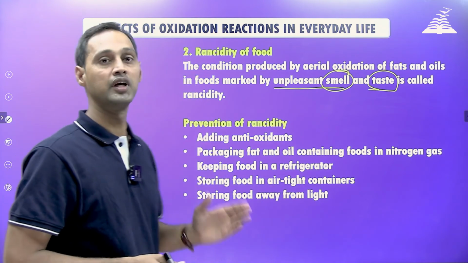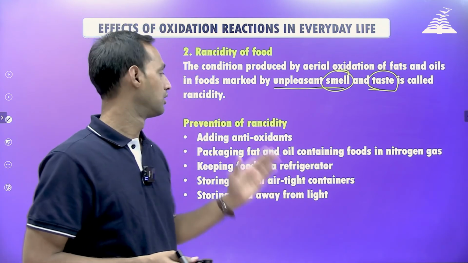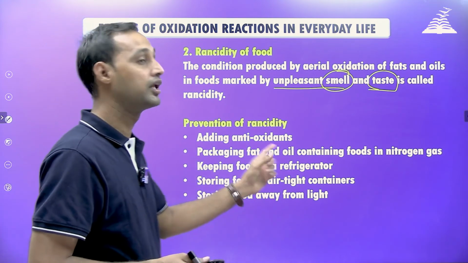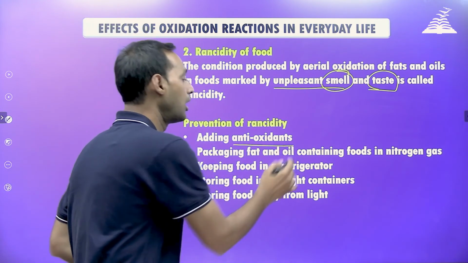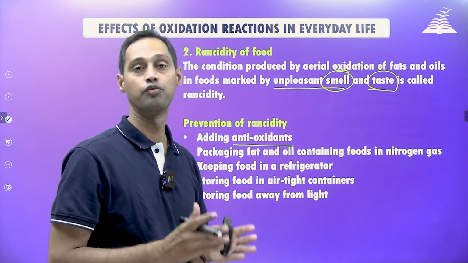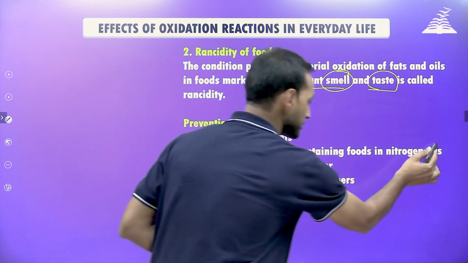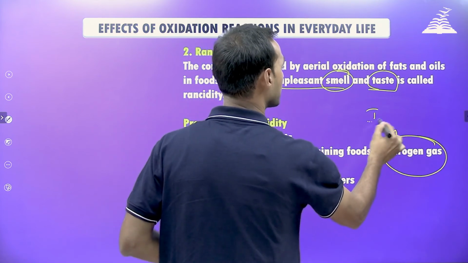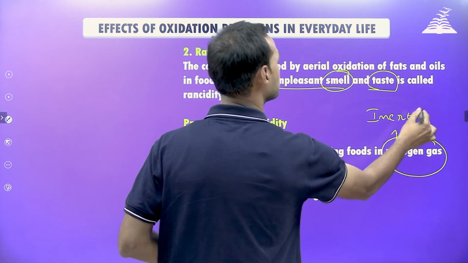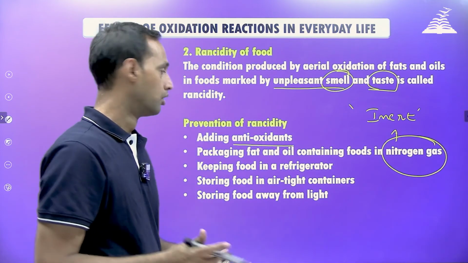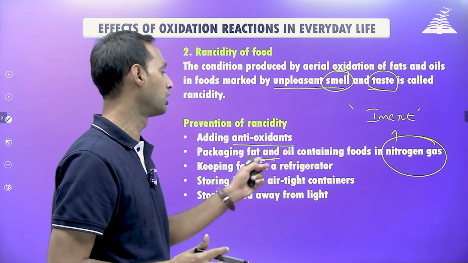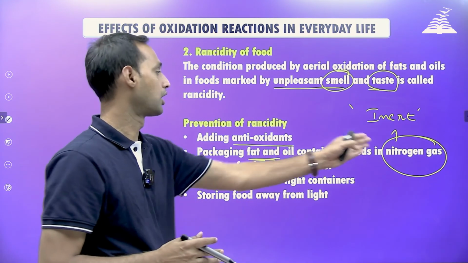And now the question is, how to prevent rancidity? Prevention of rancidity by adding antioxidants to food items. Food items containing oil and fat are packed with nitrogen gas, which is inert. It doesn't react with the food item.